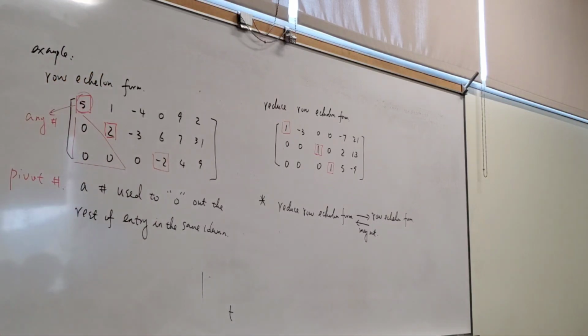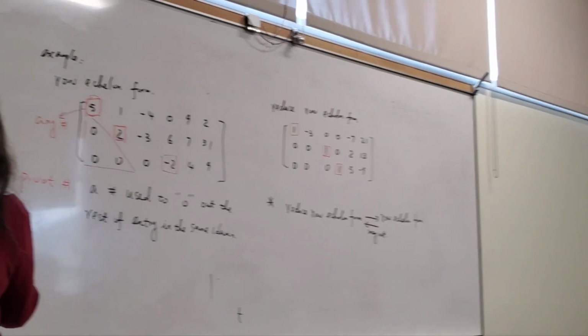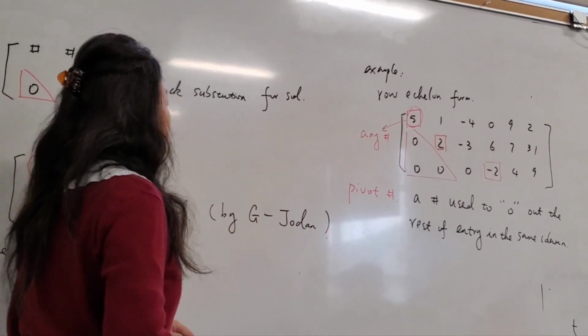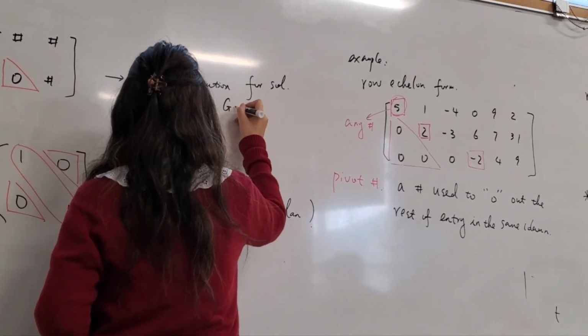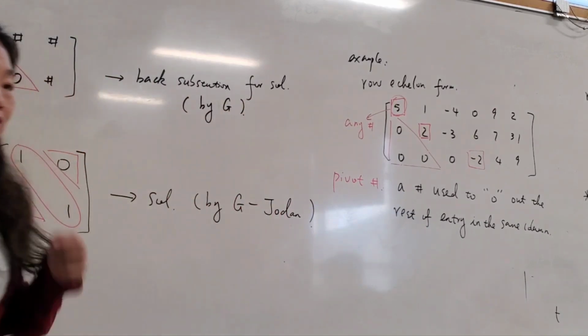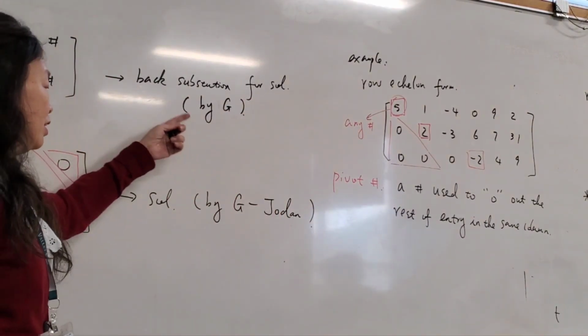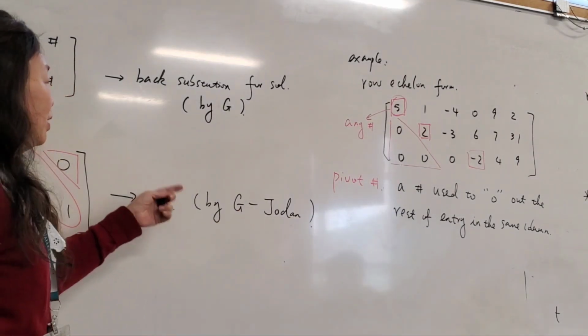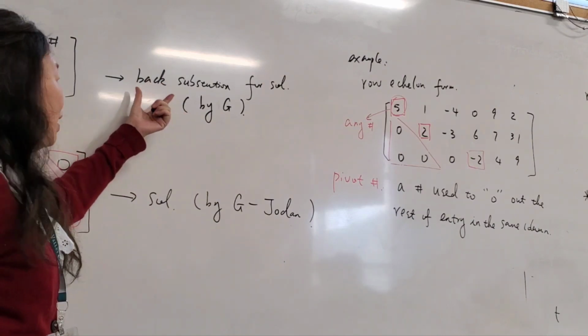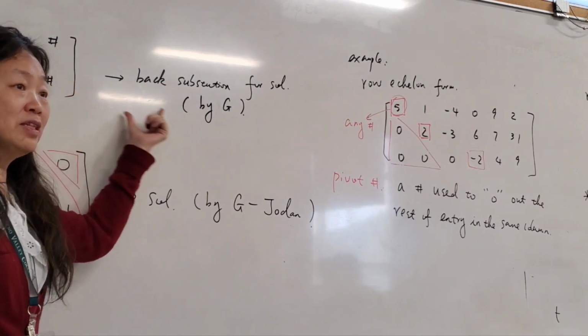This one I'm going to put down right here: the solution you get by Gauss-Jordan, and this one is just by Gaussian elimination. So two methods. If they say using Gauss-Jordan, they're talking about reduced row echelon form. If they say by Gaussian, they're talking about using back substitution.